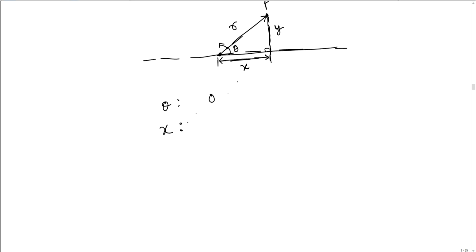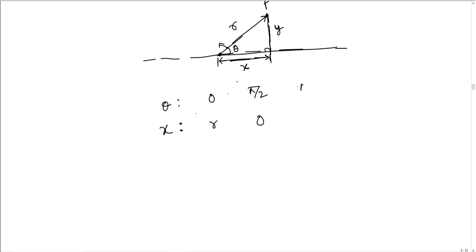So, what would be this distance x from the origin to point P along the horizontal axis? That distance would be exactly r. But when theta becomes pi by 2, the distance of point P from the origin along the horizontal axis would be 0, because now the origin and point P are exactly in the same line. So, there is no distance between them along the horizontal axis.